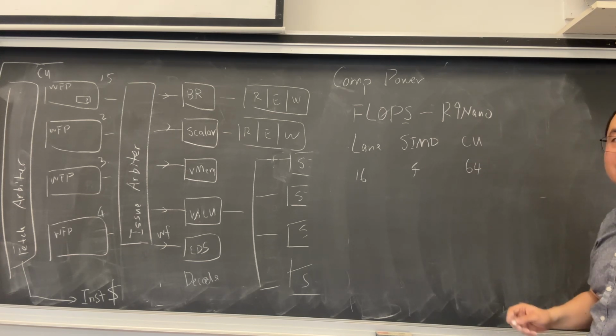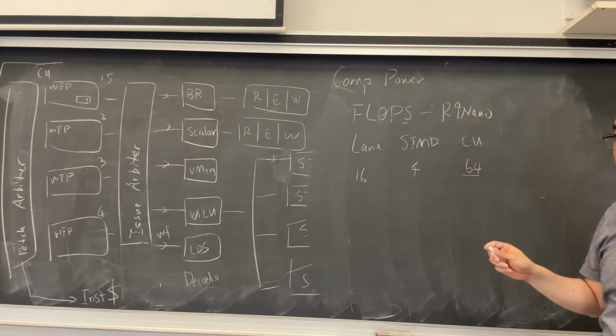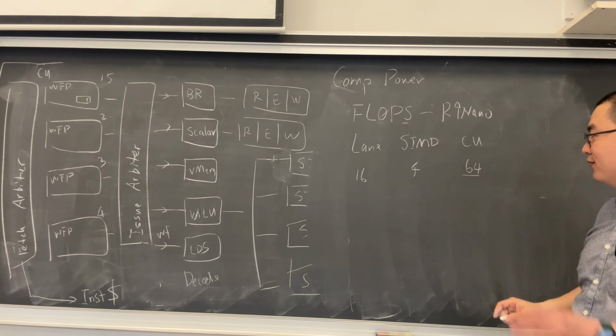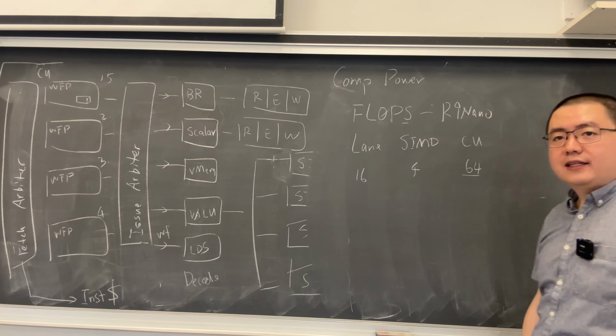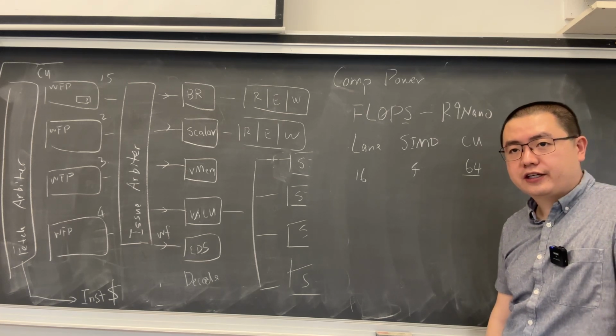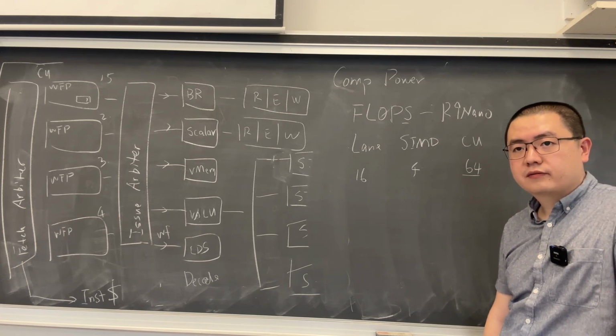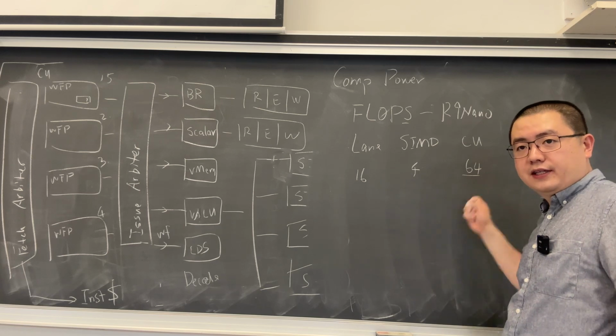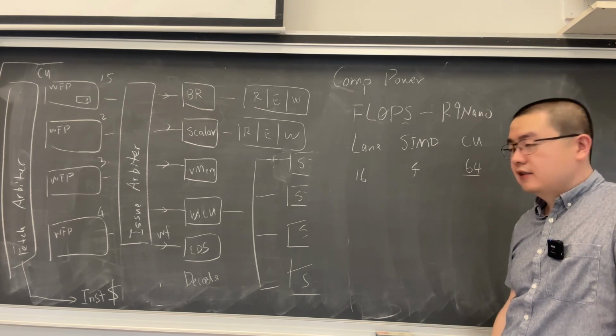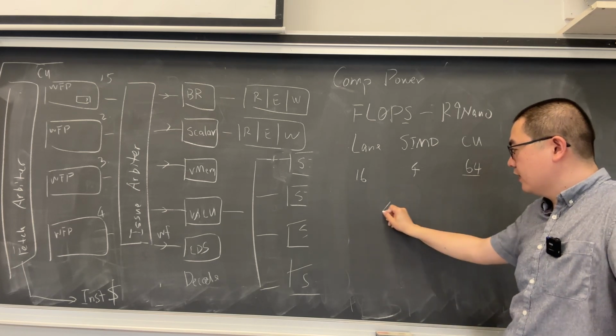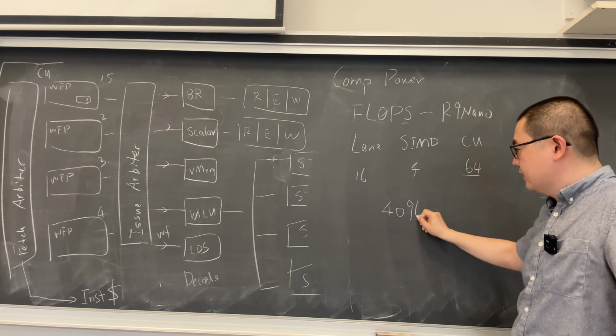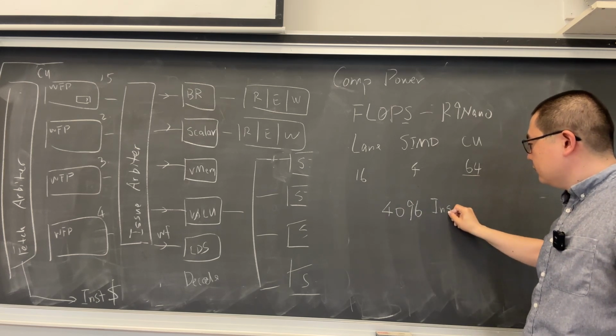I don't think I talked about this number before, 64. So it's easiest to calculate. How many instructions can it complete in each cycle? Just multiply these three numbers together, right? So 64 multiplied by 64, that's 4096 instructions per cycle.